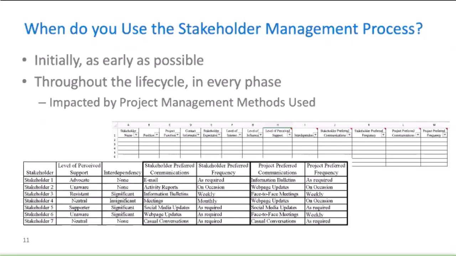Regardless of what project management method you're going to use, you will need to engage your stakeholders throughout the project. We're going to come back and talk about the tools that you can use to manage your stakeholders, but we'll come back to that in a few minutes.